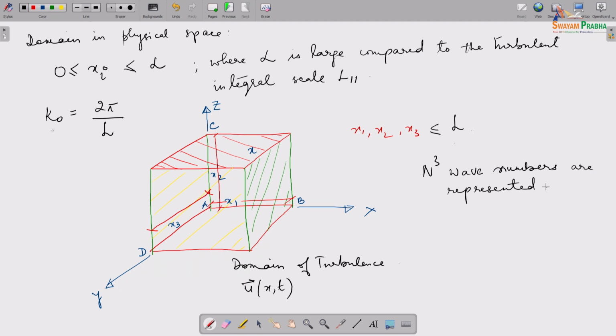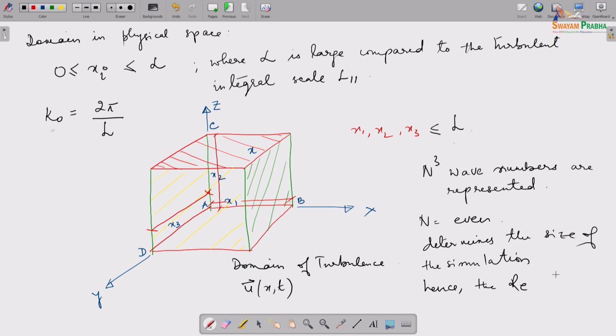So n of course is even, right? So it obviously determines the size of the simulation, right? Obviously. And obviously, that will also determine the Re, hence also determines the Re which can be achieved.